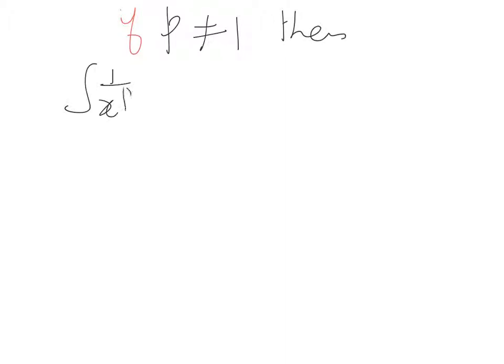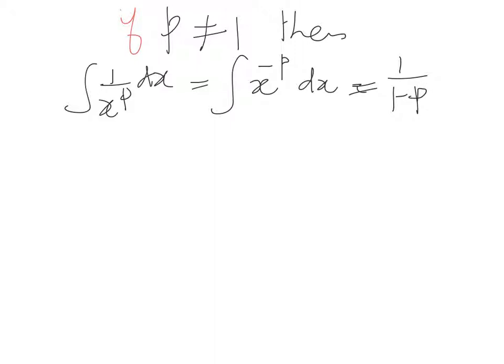Now we take up the case when p is different from 1. If p is not equal to 1, then the integral of 1 over x to the p dx is equal to 1 over 1 minus p times x to the 1 minus p.